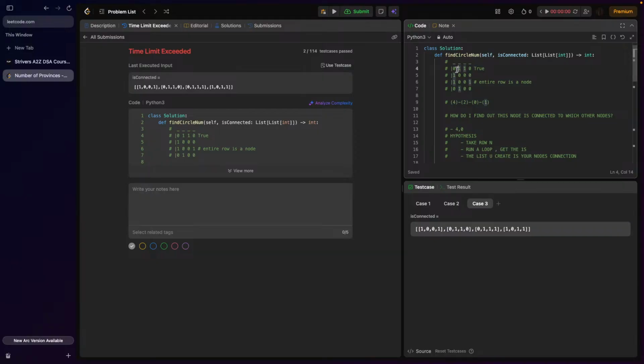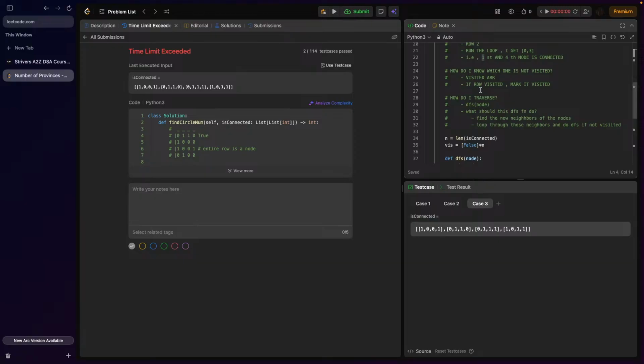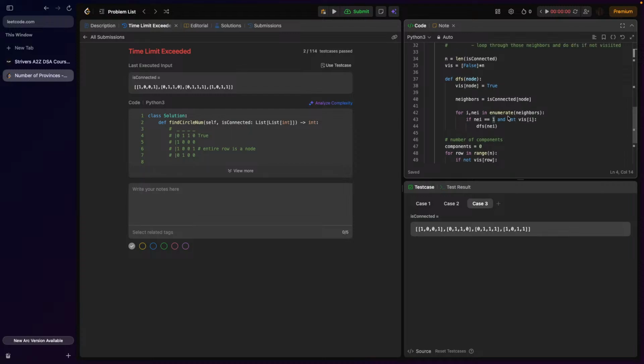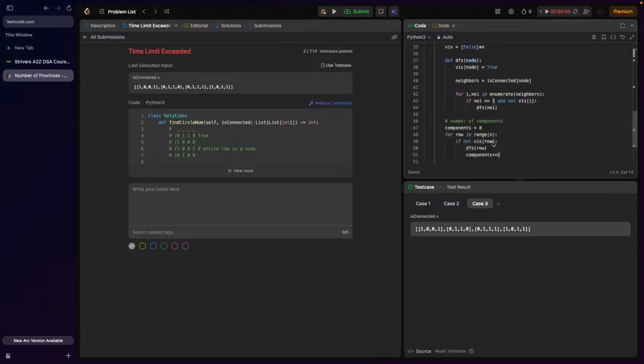You put 1 0 0 1 0 1 1 0 0 1 1 1 0 1 1. You put up a node, you go there, and you put DFS of neighbor. Now if your neighbor is not visited, it keeps going, that's all.